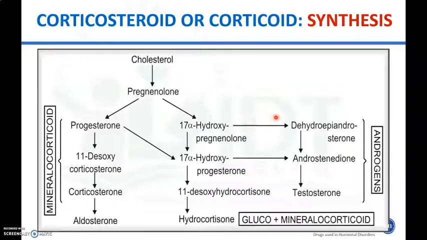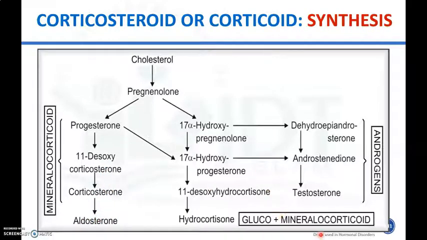Now coming to the synthesis of corticosteroids or corticoids, the synthesis of all mineralocorticoids and glucocorticoids starts from cholesterol. From cholesterol it is converted to pregnenolone, and for the synthesis of mineralocorticoids, pregnenolone is converted to progesterone, then 11-deoxycorticosterone, then corticosterone as well as aldosterone.